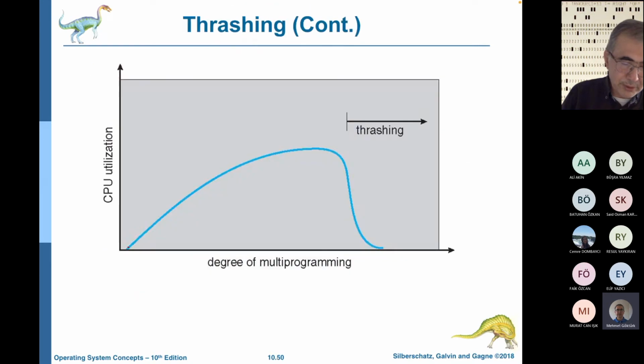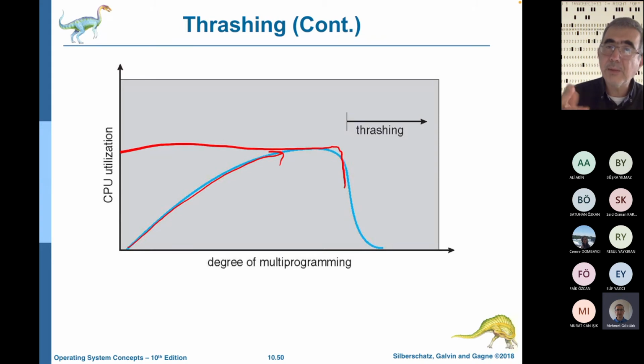As you increase the number of processes working together in a certain size of memory, utilization increases, then suddenly input output, page in and out, dominates, and very quickly CPU utilization goes down.